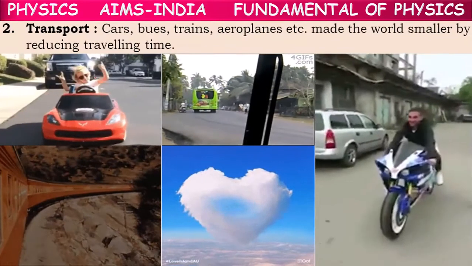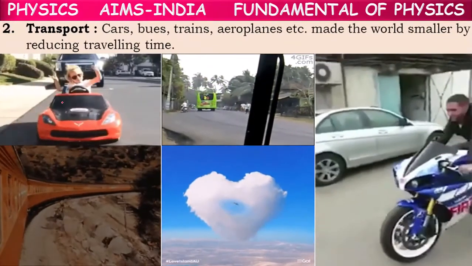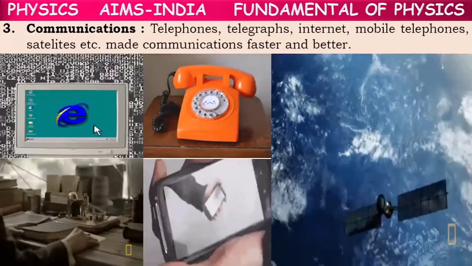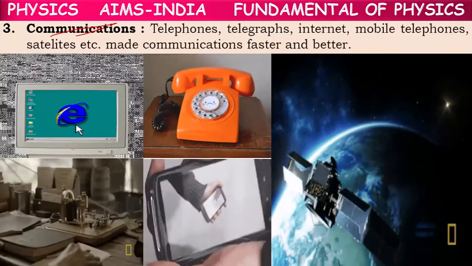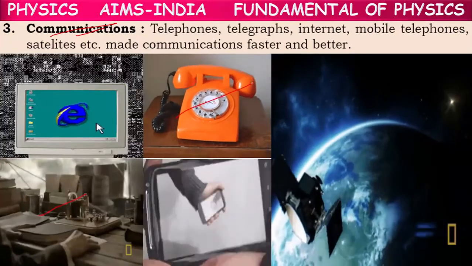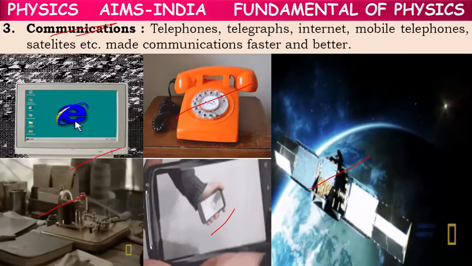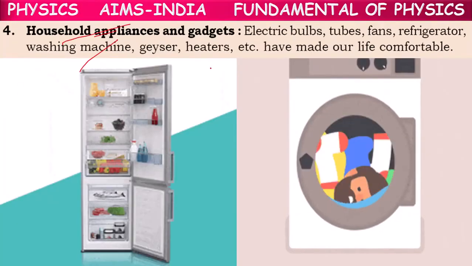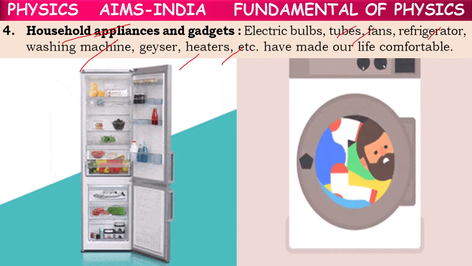Transport: car, bus, train, aeroplane, bike, so many vehicles are invented which reduce the traveling time. Regarding communication, apart from telegraph, telephone is invented, next mobile phone, satellite, internet. Household appliances: washing machines, geyser, heater, refrigerator, fans, tubes.